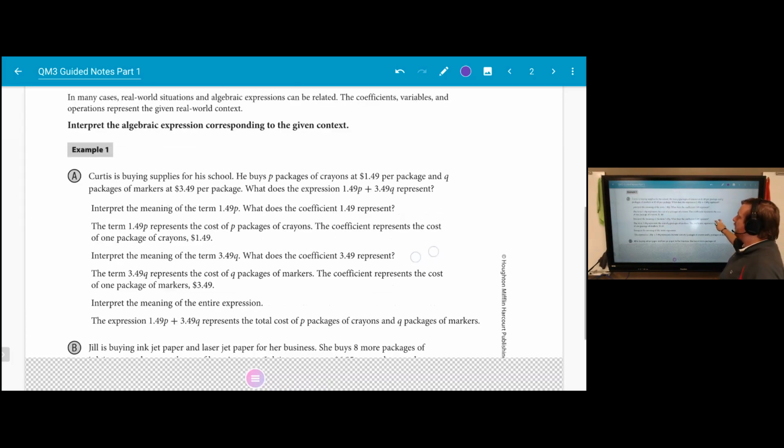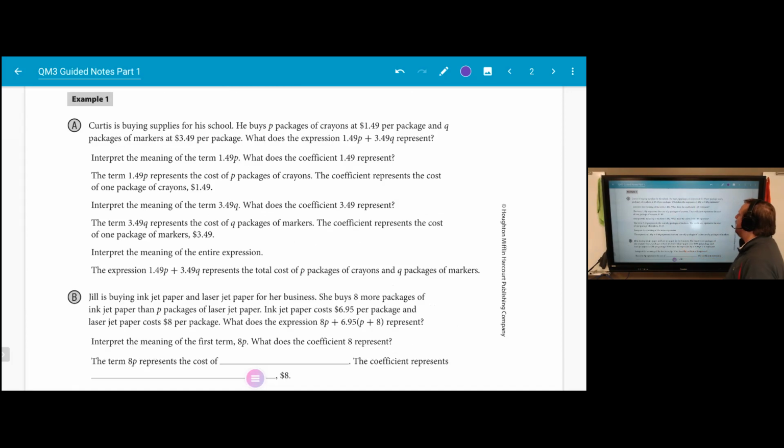Curtis is buying supplies for his school. Yay, Curtis. He buys P packages of crayons at $1.49 per package and Q packages of markers at $3.49 per package. What does the expression 1.49p plus 3.49q represent? First of all, what does the term 1.49p represent?